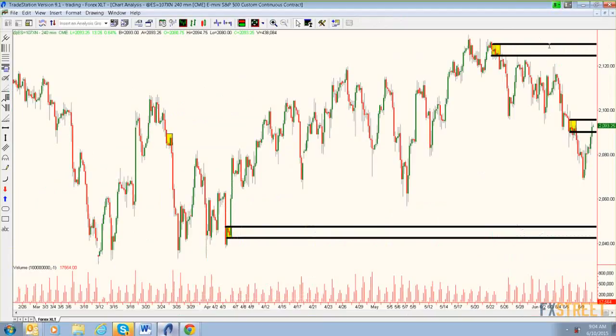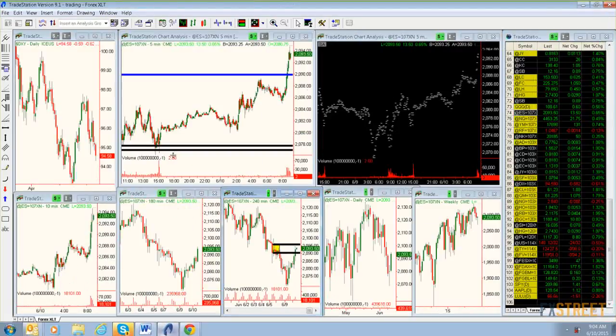So if you take a look at the chart here, we're right up into this 2093 area. Now it does go up to about 2100, so watch for that. Main thing here is probably not where you want to be buying. If anything, we'd wait for a pullback and potentially look for a short position on a smaller time frame.